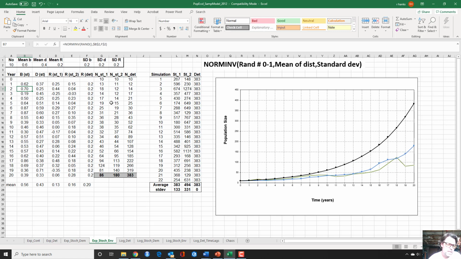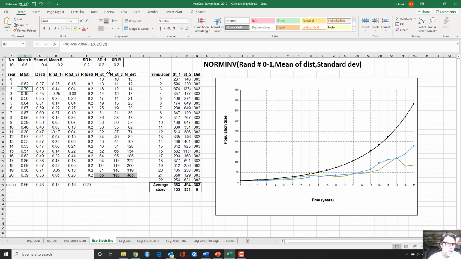In this example, I included 2 different stochastic populations: stochastic population 1, stochastic population 2. And then you can see these are the simulations, of course, again. And so you can see these things change through time. And then I also did this deterministic model. Again, the deterministic model always ends in 383 because we started with 10 individuals and these have these rates.